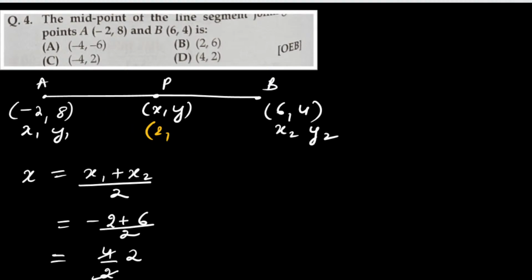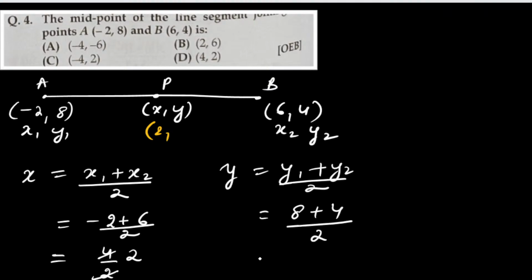Now we'll find y. The y coordinate we get using the formula (y1 plus y2) by 2, which is equal to (8 plus 4) by 2. 8 plus 4 is 12, so 12 by 2 is 6.